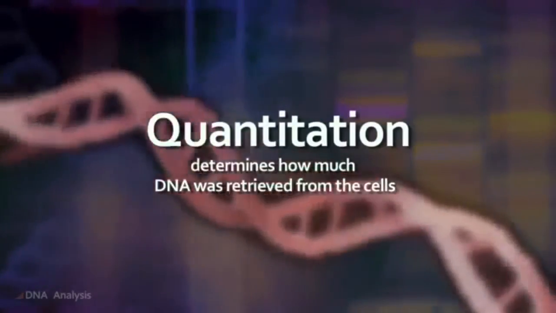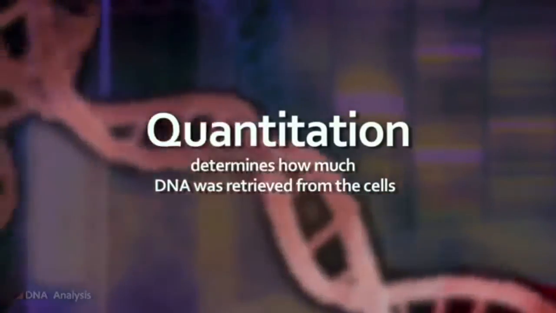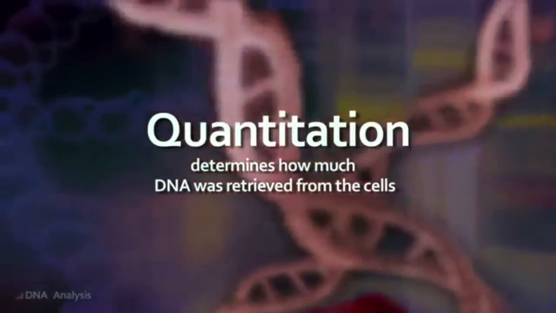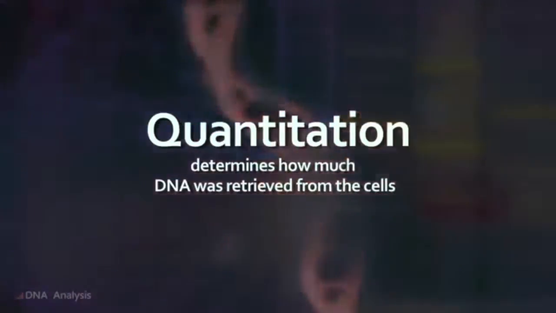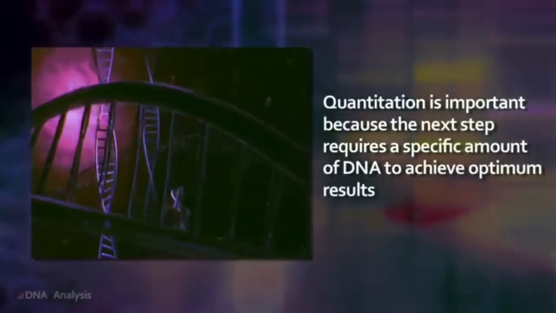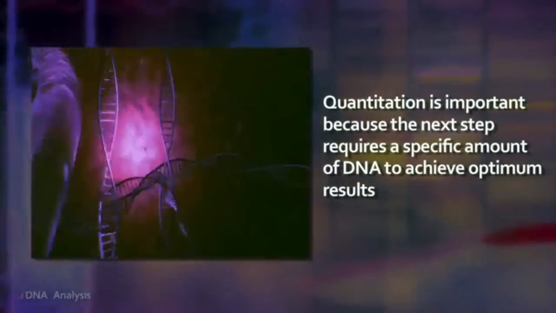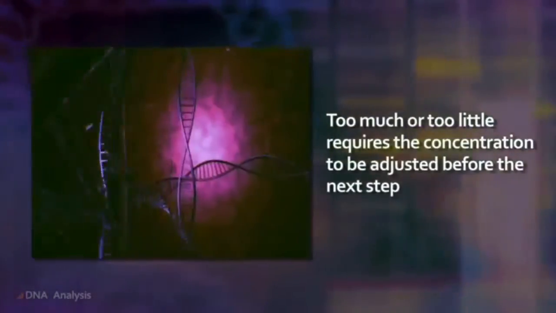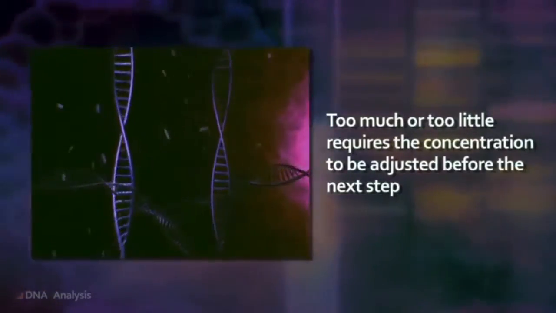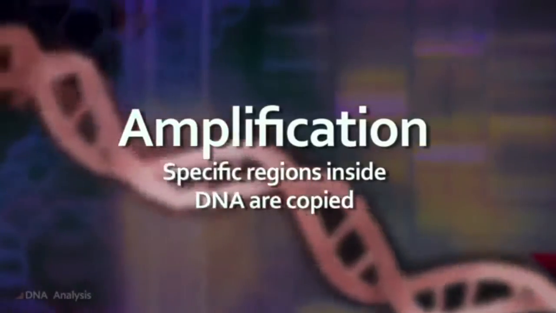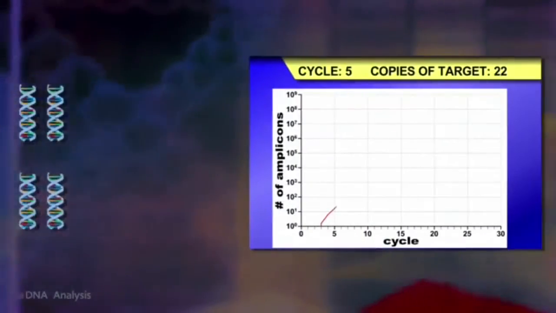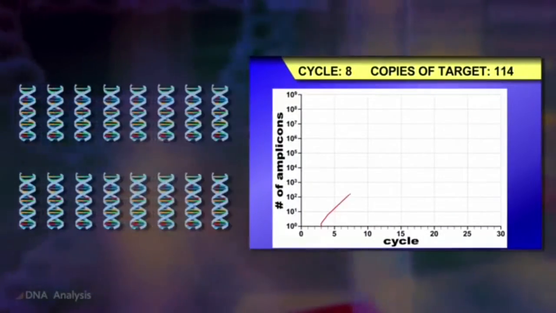The next step in the process is to determine how much DNA was retrieved from the cells through a process called quantitation. Quantitation is important because the next step requires a specific amount of DNA to achieve optimum results. Too much or too little requires the concentration to be adjusted before the next step. After quantitation comes the amplification process, where specific regions inside the DNA molecule are copied.